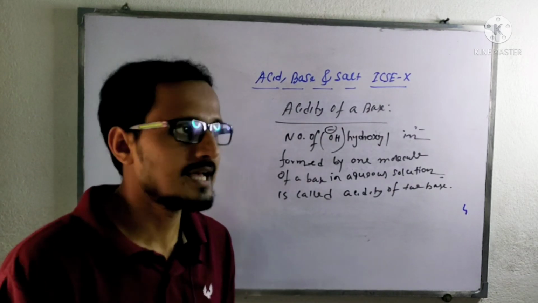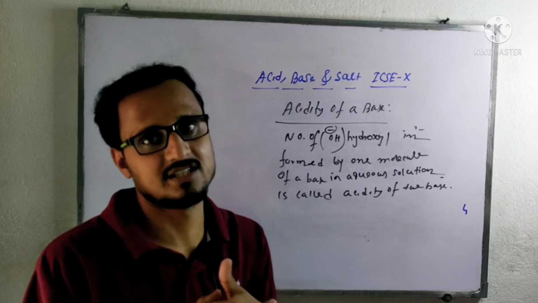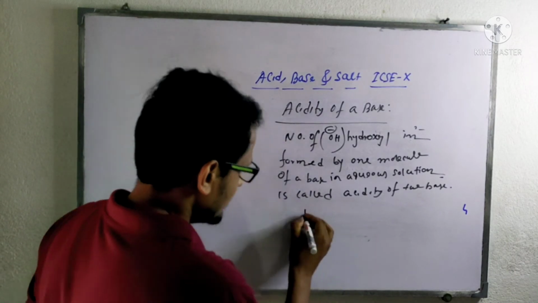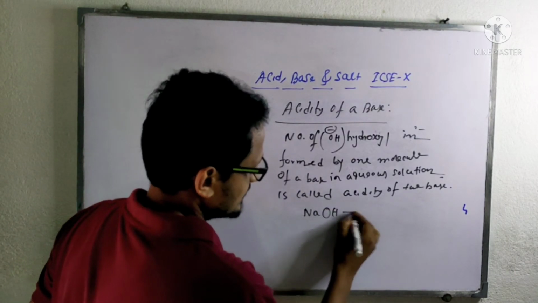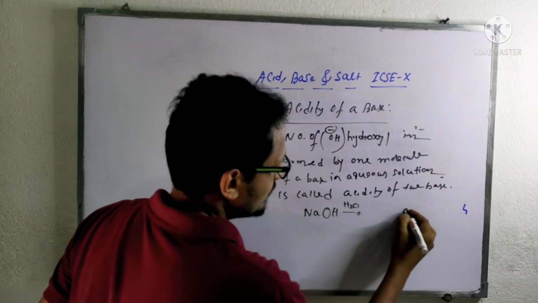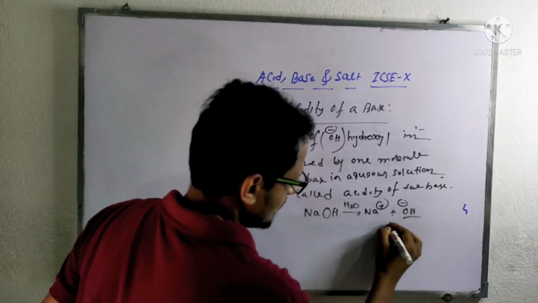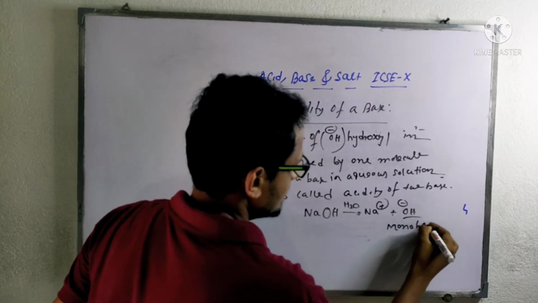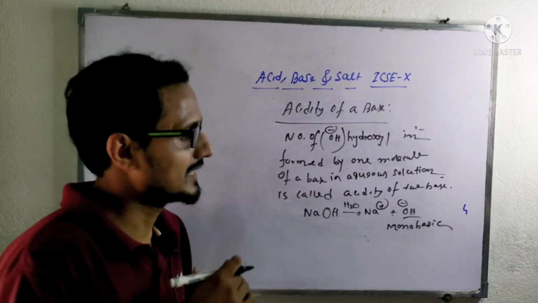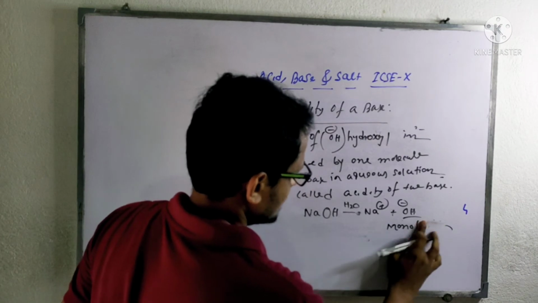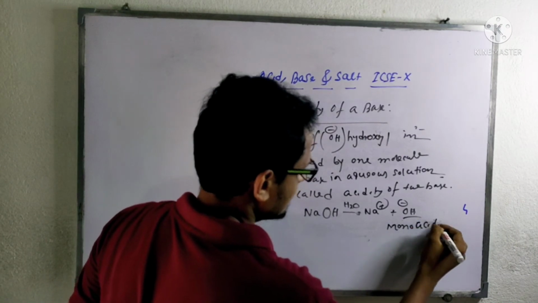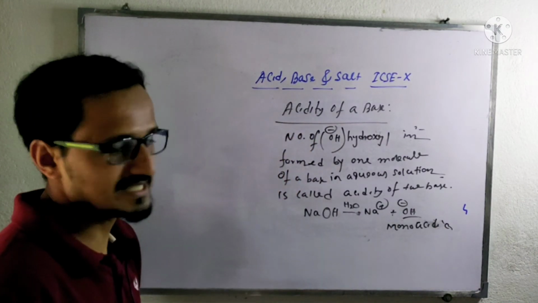Monoacidic means only one OH minus will be released in aqueous solution, like sodium hydroxide, NaOH. In aqueous solution it will form one OH minus and Na plus, so sodium hydroxide is a monoacidic base.